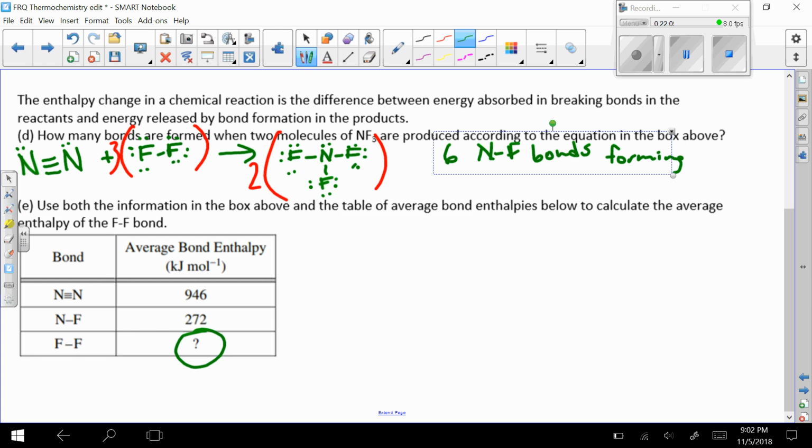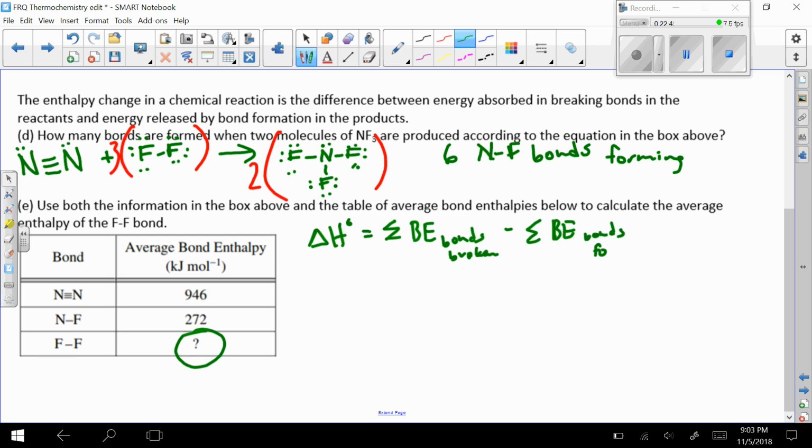So to figure that out, we know the enthalpy of a reaction comes from the sum of the bond energies of the bonds broken minus the sum of the bond energies for the bonds formed.